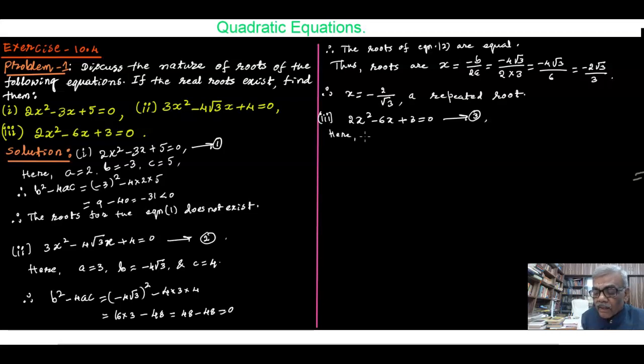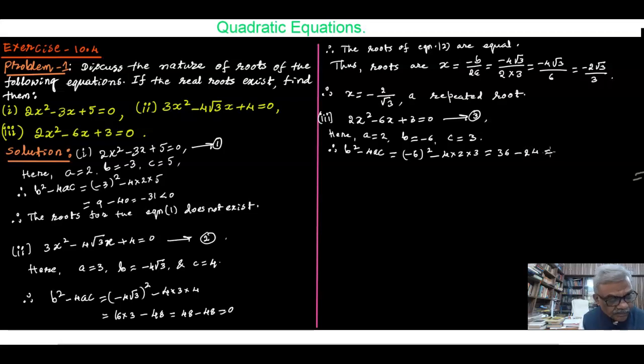Here a is equal to 2, b is equal to minus 6, c is equal to 3, and therefore b square minus 4ac equals minus 6 whole square minus 4 into 2 into 3, that is 36 minus 24, that equals 12, which is greater than 0, and therefore equation 3 has two distinct roots.